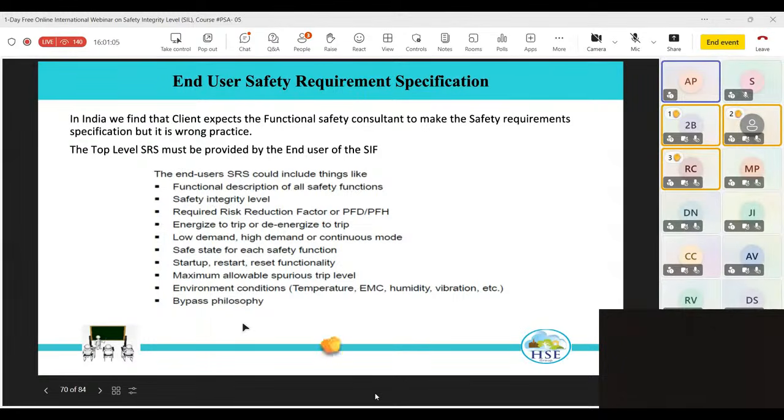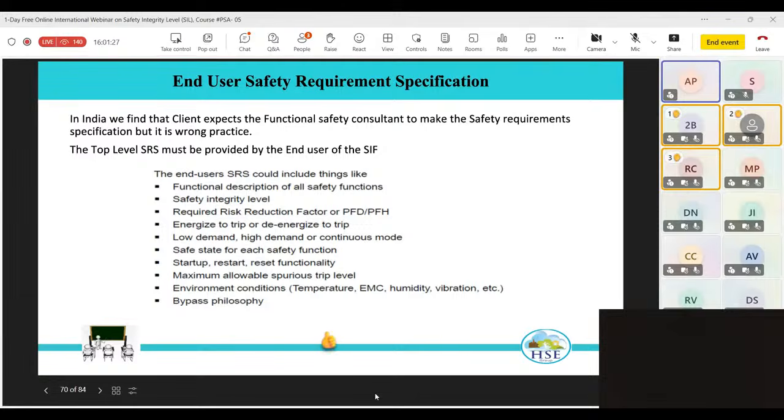And then other things like environmental conditions: temperature, EMC, humidity, vibration. Basically, what maximum temperature limit should be there, then EMC, humidity, vibration. The hardware which you select must be within those limits.